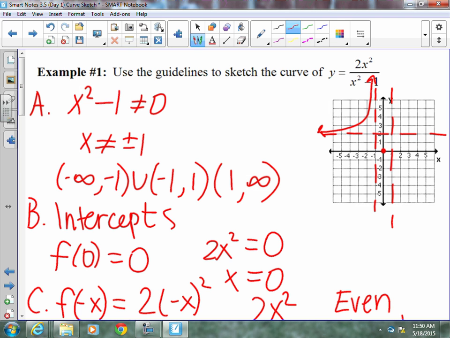We know it's increasing from negative 1 to 0 and decreasing from 0 to 1, but concave down the whole way. So, it looks something like this. Again, feel free to rewind or pause if you need to hear what I say again. Now to the right of 1, it's decreasing and concave up and approaching 2 out to the right, so we know that it looks like this.